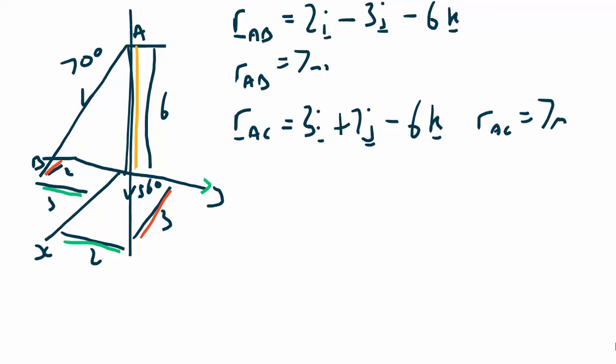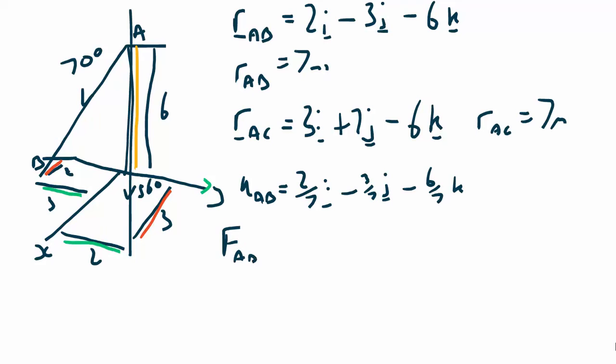I can then find a unit vector. So the unit vector for AB will then be 2/7 i minus 3/7 j minus 6/7 k. And then my force AB as a vector will be 700 times 2/7 i minus 3/7 j minus 6/7 k.